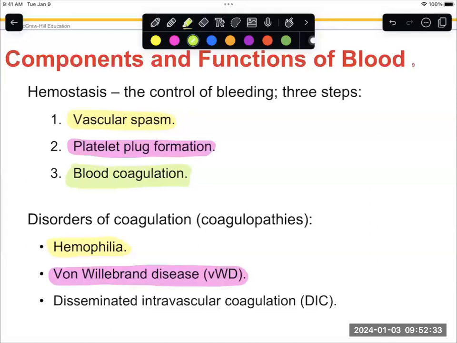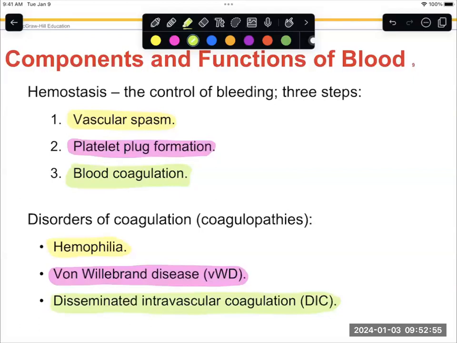Then we have disseminated intravascular coagulation. This occurs when a severe bacterial infection causes the clotting mechanism to be activated throughout the entire body.